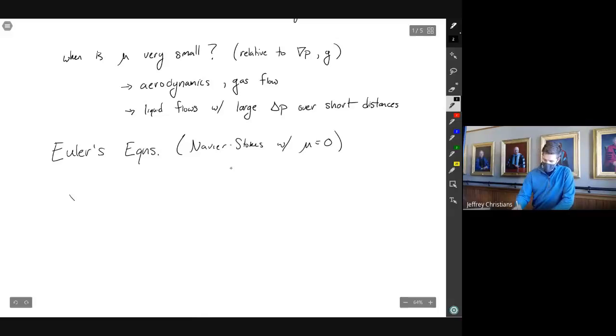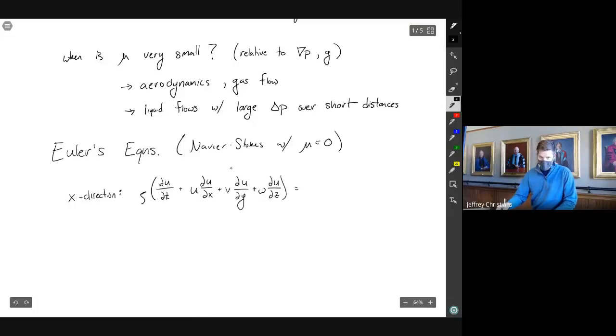And I'll give just the x direction here because we already wrote all of these, but it'd be rho (du/dt plus u du/dx plus v du/dy plus w du/dz) equals rho g_x plus, or rather minus, the pressure derivative dp/dx.